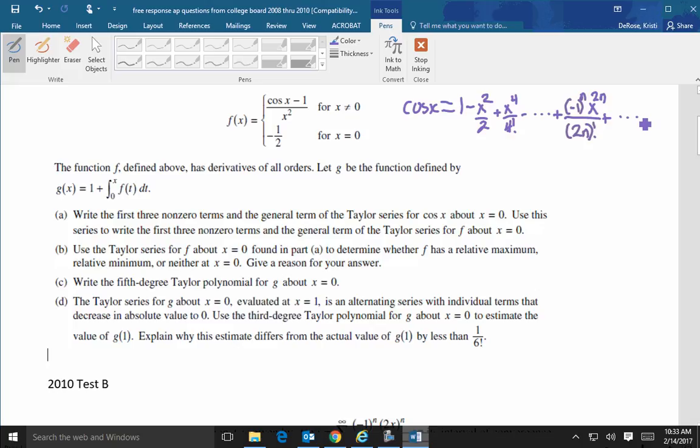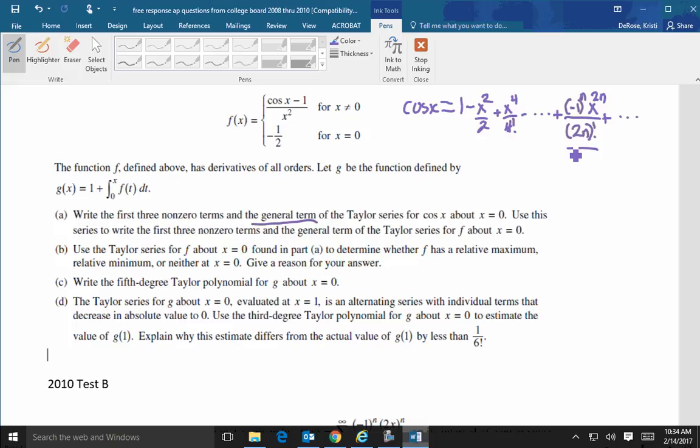All good for that? Yes, because it asks you to do the general term. So that is the general term right there, and that's how you would write it. Did it ask you to write the whole summation or the series?